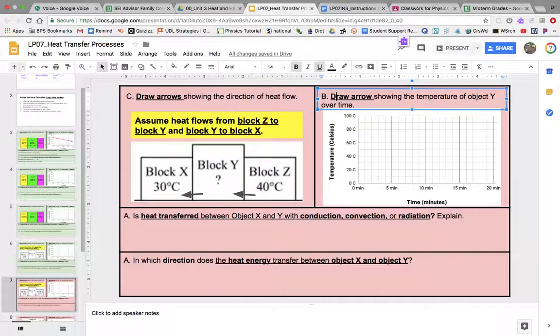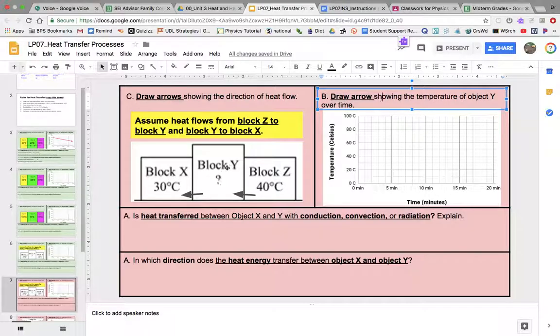Now I'm going to go to B. It says draw arrows showing the temperature of Y over time. So Y, if this is 40 and this is 30, then Y has to be between those temperatures, between 40 and 30.